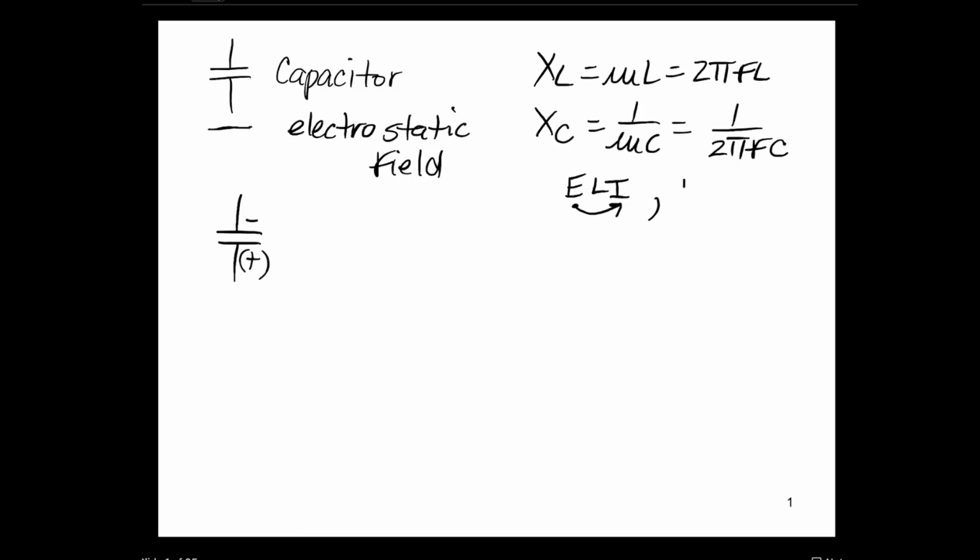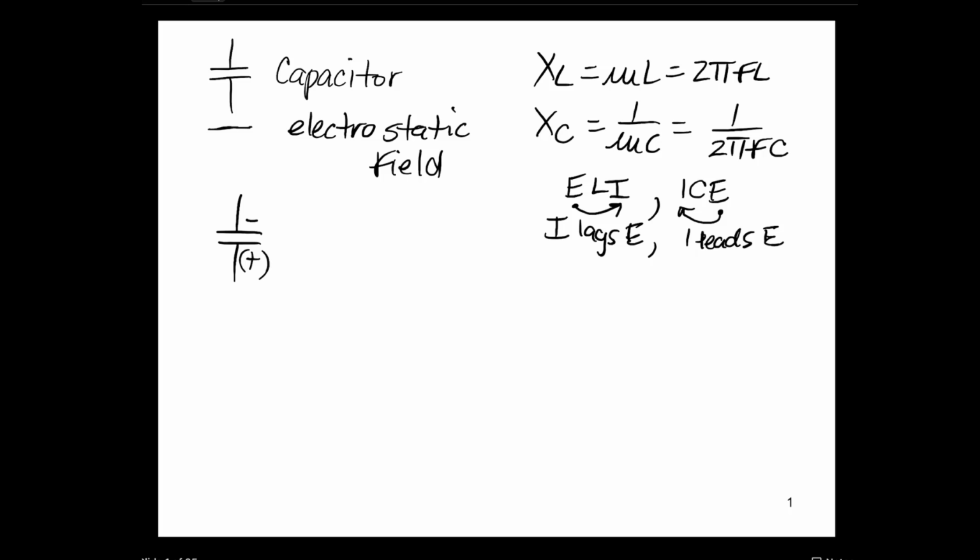That would mean for capacitance, we have this acronym, ICE. And if we're looking at voltage as the reference again, we can see that current leads. So I leads E, and over here, I lags E. Notice how we have that opposite. So when we're talking about capacitors, we're talking about two electrically isolated plates and the electrostatic field.